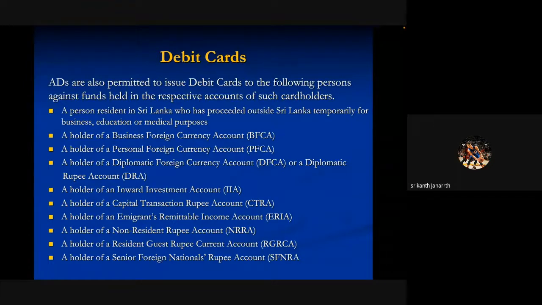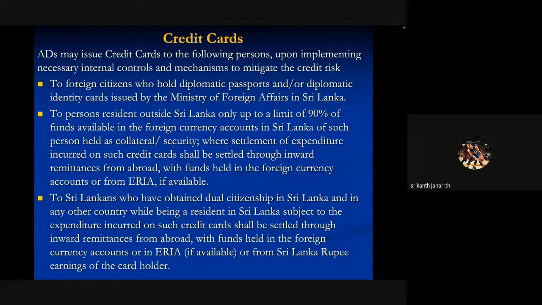But when you are issuing a credit card, you must remember credit cards are only permitted to certain people. Other than the locals, the foreign citizen who holds a diplomatic visa or diplomatic identity card issued by the ministry. So you need to know anybody with a diplomatic visa, you can even grant a credit card. Any diplomatic foreigners, you can give a credit card because they are treated as a resident.